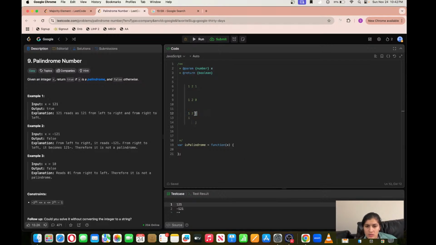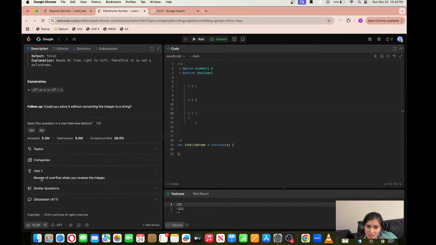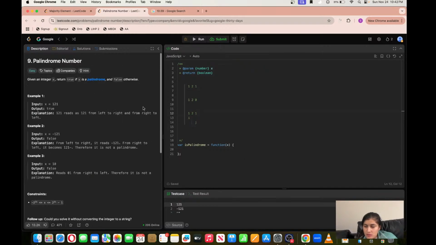There are 3 numbers, so this must be hundreds, this must be tens, and this must be ones. So if I just know what is in ones and hundreds, then compare if they are the same. But what is it saying? Beware of overflow when you reverse the integer. What does overflow mean? How can there be an overflow?